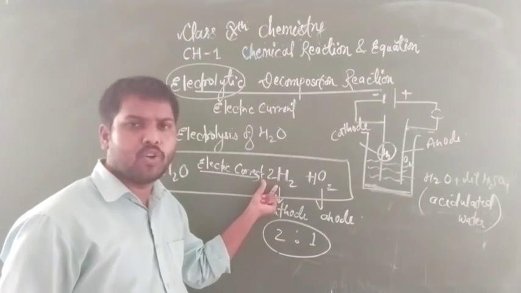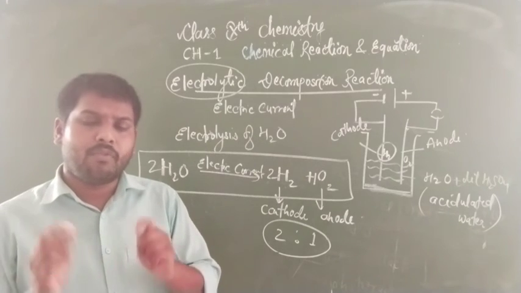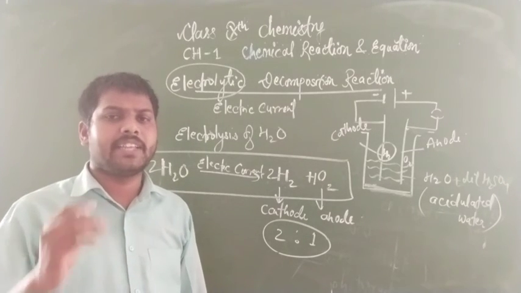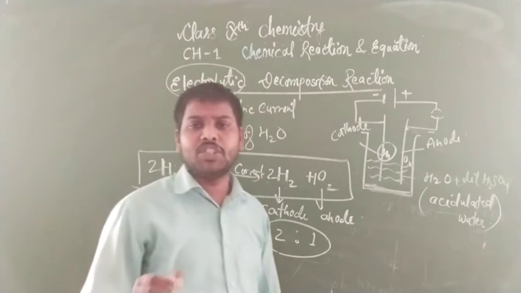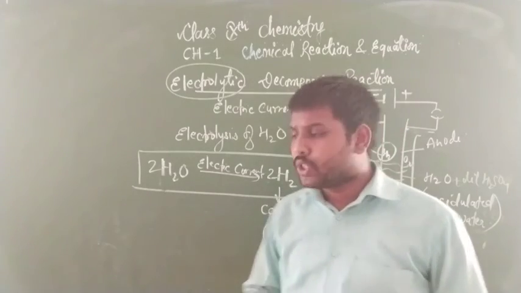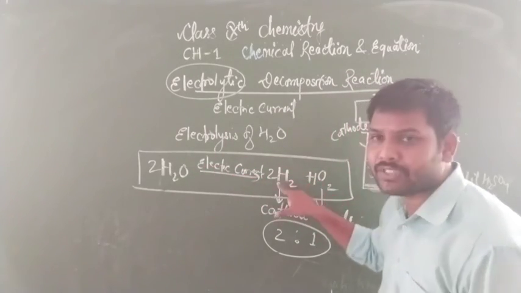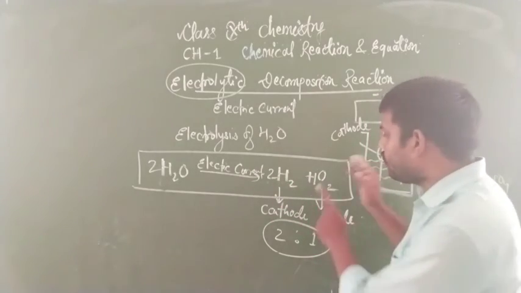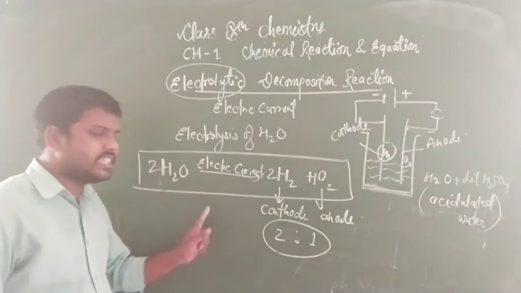Why is the amount of hydrogen gas double that of oxygen? If the question is asked in your board examination which gas is double, you will say that during the electrolysis of water, hydrogen gas is double that of oxygen gas. Now the reason is why it is double.